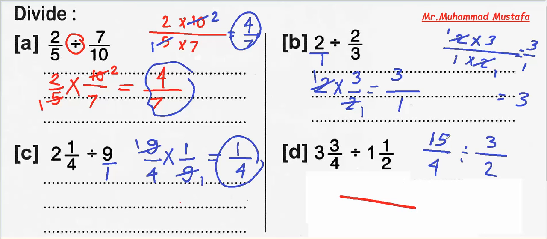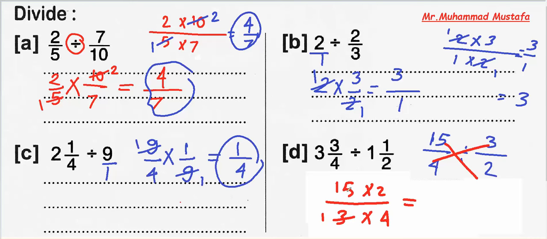We can express it as 15 times 2, like this, cross multiplication, over 3 times 4, then simplify. 3 divided by 3, 1, 15 divided by 3, 5, 2, simplify 2 and 4. 2 divided by 2, 1, 4 divided by 2 equals 2. Then multiply 5 times 1 equals 5, 1 times 2 equals 2.